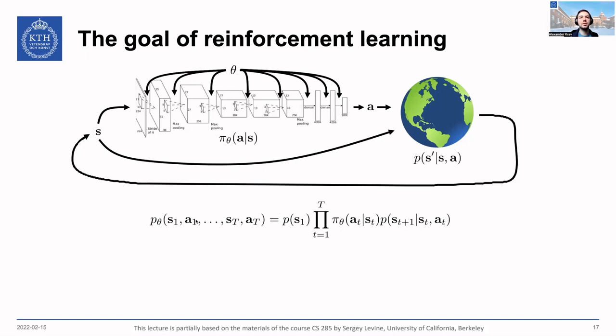For example, from s1 we get action 1 by the policy, and then we multiply by the probability of getting s2, given s1 and action 1, and so on. We continue this for t steps, and we get this simple formula for the probability of getting this trajectory. Just the simple chain rule: we just multiply the probabilities.